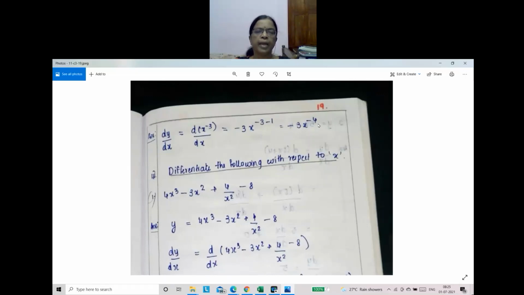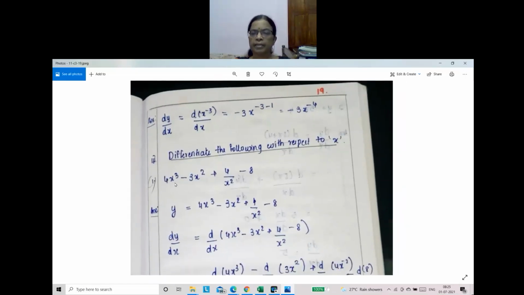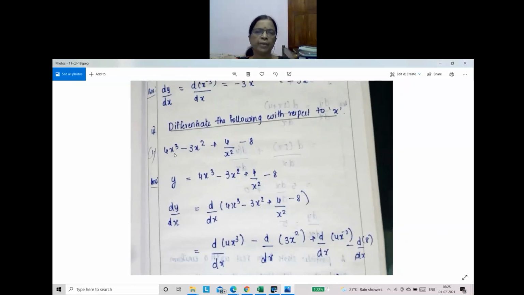Next, you can see a function: x cube is there, x square is there, 4 by x square is there, minus 8 is there. That you have to differentiate. First you have to write: differentiate with respect to x, so d by dx is what we have to find.